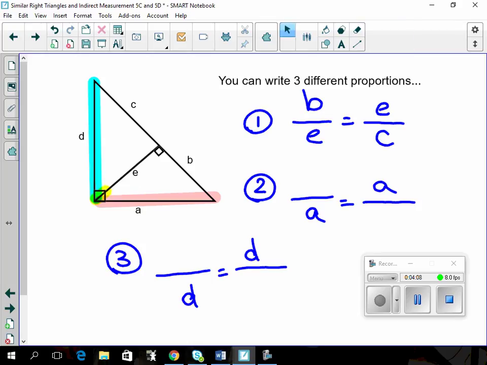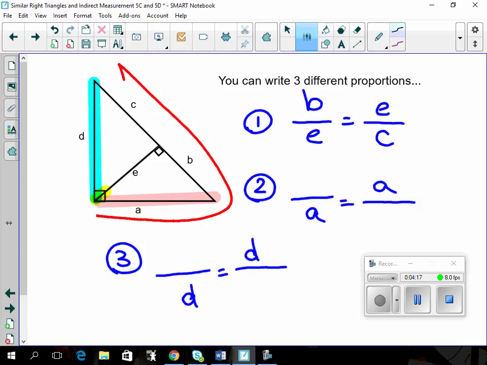And I'm going to look at just A now. When I look at A, I like to draw this arrow, and you'll see why in a minute. Starting at A, going around the hypotenuse. That helps me realize what goes in the other 2 places.